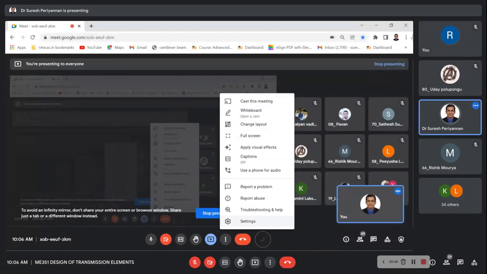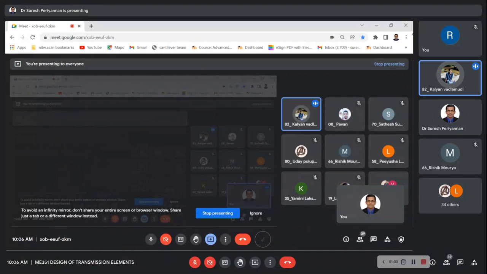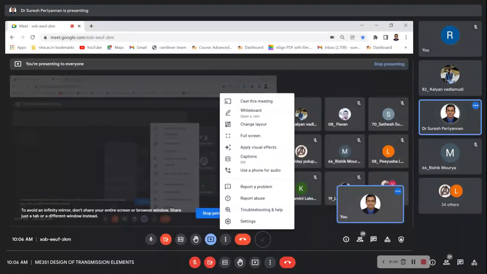Today I didn't get it. Kalyan, are you there in the meeting? Are you able to see my screen? Yes, sir, visible, sir. It is unable to see that saving option. Usually it should come here.